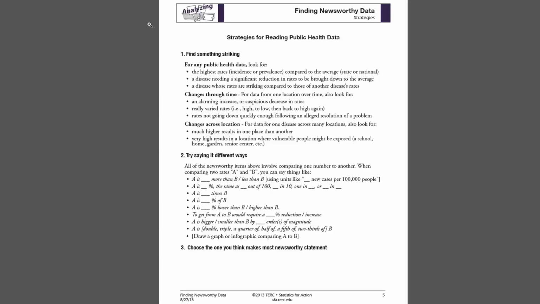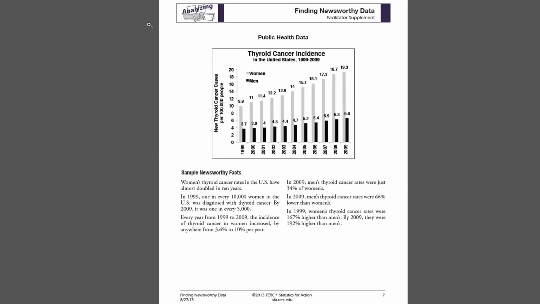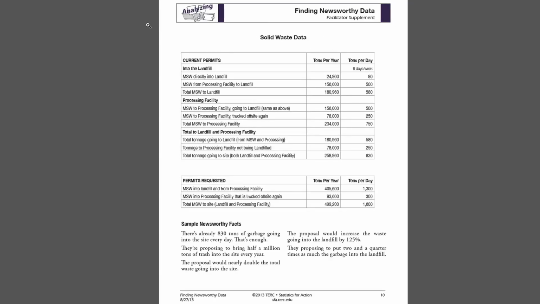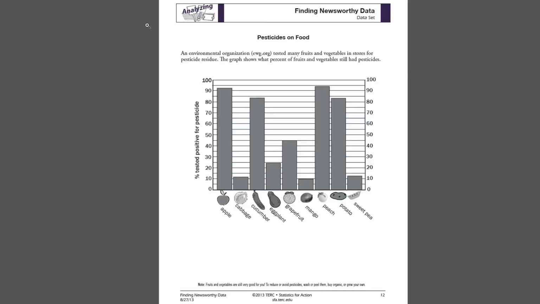So, we already saw test results, but we also have public health data, solid waste being trucked to a landfill, and pesticides on food. For each of these, the strategies are mostly the same, but they have been tweaked to account for the differences. So that's what most of our activities look like.